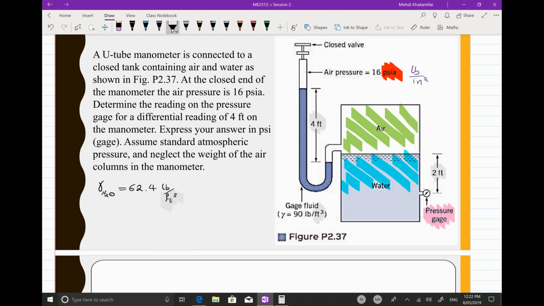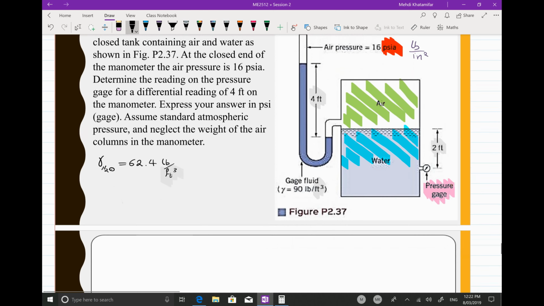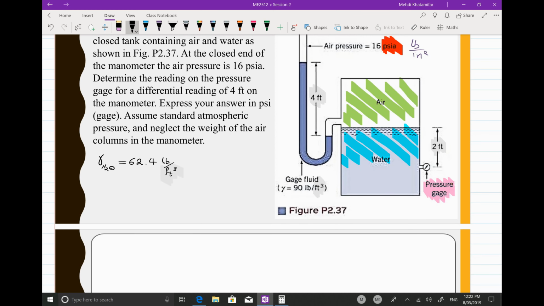The next point was this A, which stands for absolute pressure. So you need to subtract atmospheric pressure, and we already know that atmospheric pressure is 14.7 pound per inch square, or 14.69.